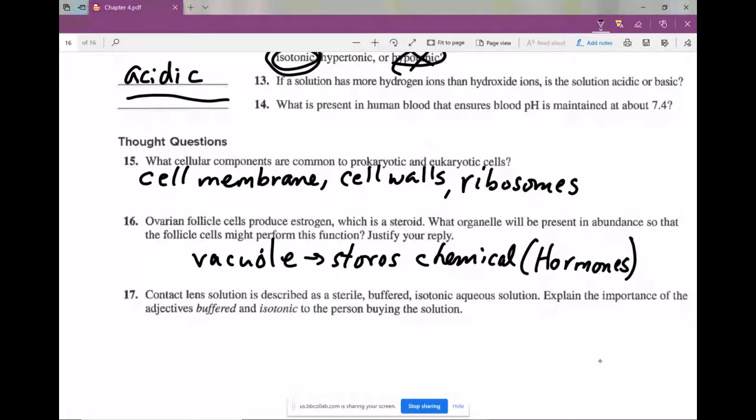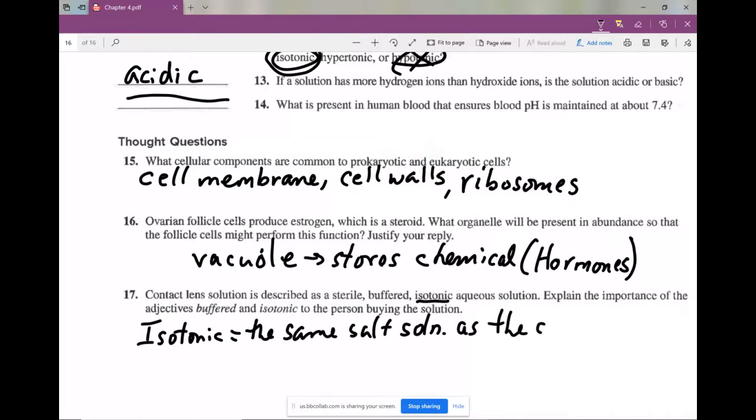Contact lens solution is described as a sterile, buffered, isotonic aqueous solution. Explain the importance of the adjectives buffered and isotonic. All right, so why is it important to be isotonic? Because it has the same salt solution as the cells in your eyes.